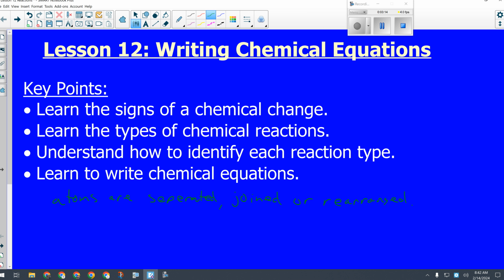That's what he said, but they're not turned into the atoms of other elements. That is why we see the signs of a chemical reaction that we are familiar with. Bubbling and fizzing, or smoke is a gas being evolved. A color change. All of that stuff indicates that what has happened in that reaction has produced something new from what we started with.